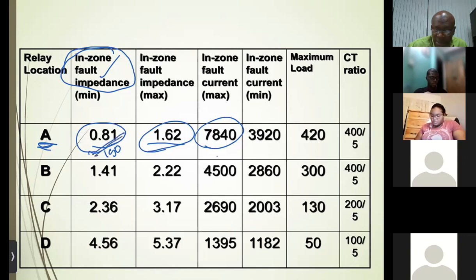And that gives us our 7840. Which therefore gives us our 3920 for minimum. So the maximum would correspond to the minimum impedance. X, X, double X, double X.